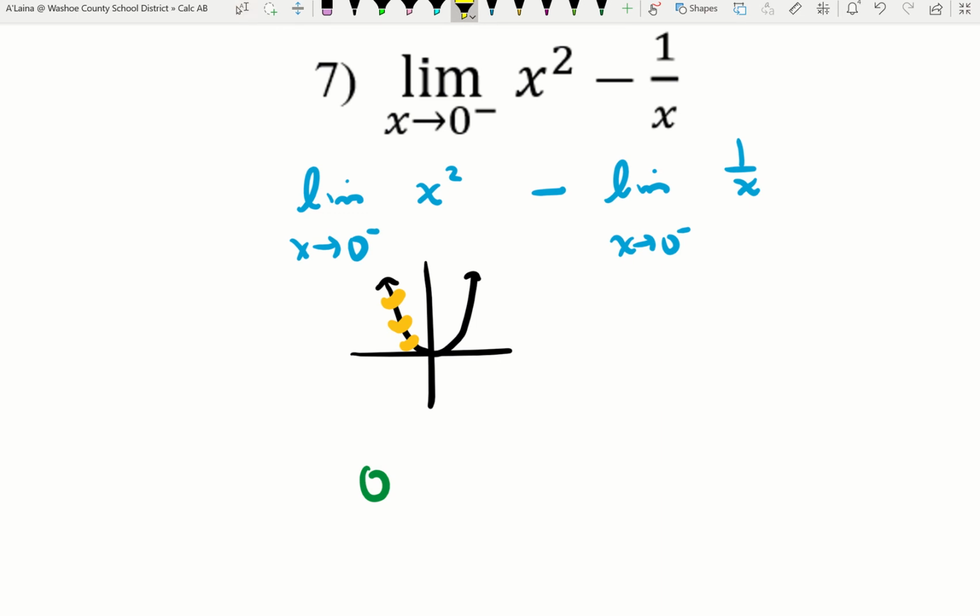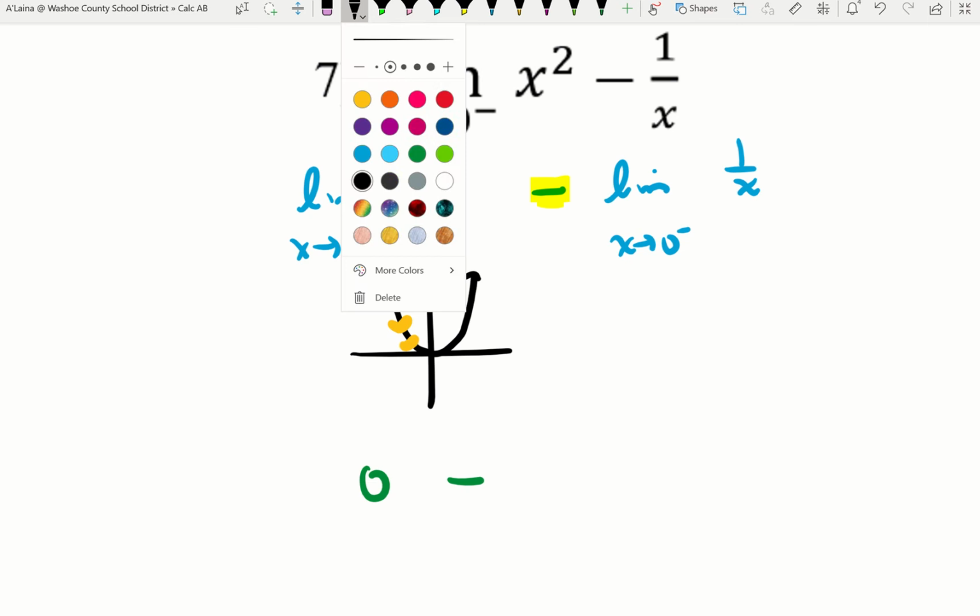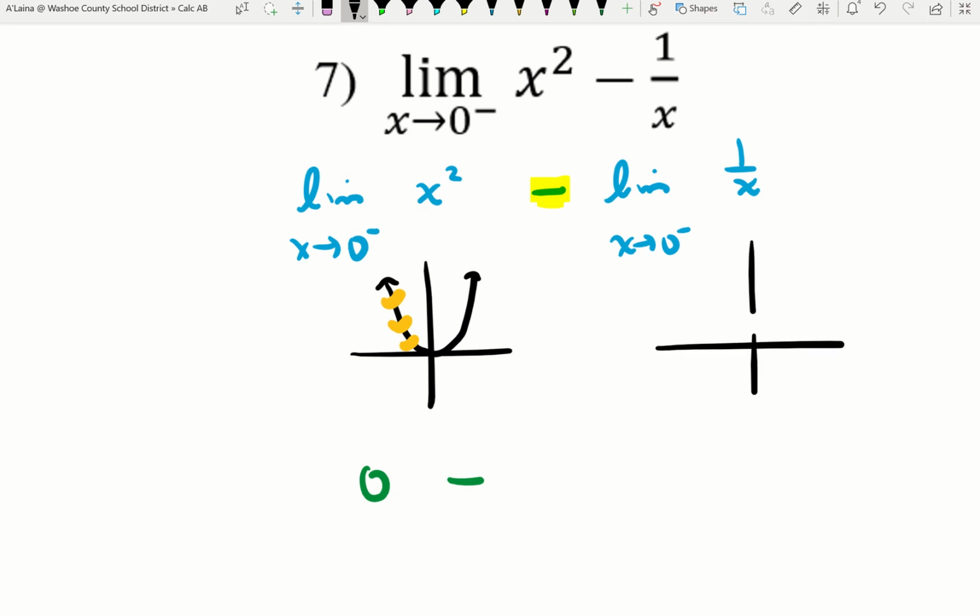And then we are subtracting in between these limits. And 1 over x is the parent function for these rational expressions. We kind of mentioned that one earlier in the last video. And so 1 over x looks like this. And you should definitely memorize that. You will feel happy that you have that as a resource. And as I approach 0 from the left-hand side of this one, I am approaching negative infinity.